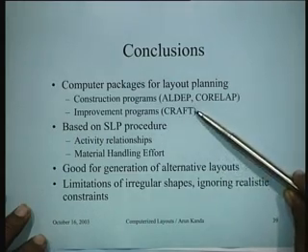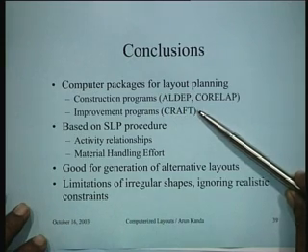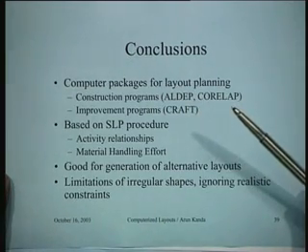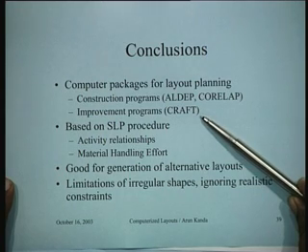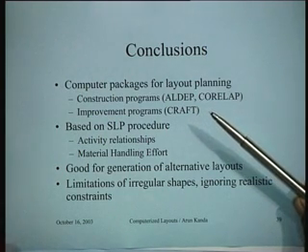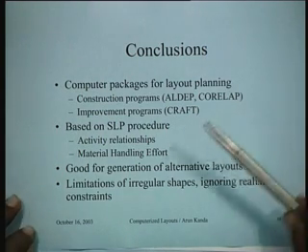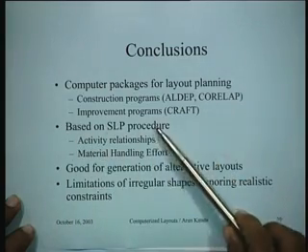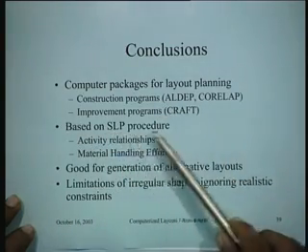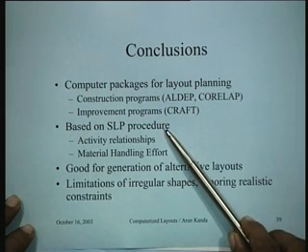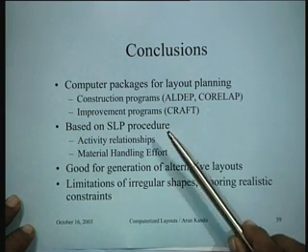And then we took an example of an improvement program in the form of Craft, which was basically designed to take an initial layout and try to improve it through the process of pairwise exchanges. Most of these computations or improvements are based on the systematic layout planning procedure of Muther, which we studied in the last lecture.